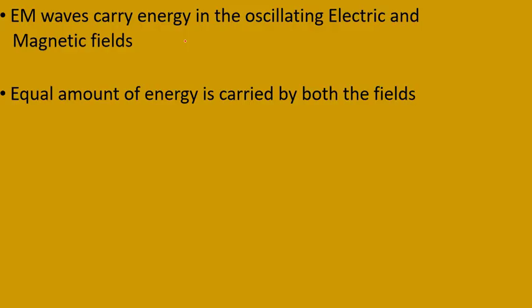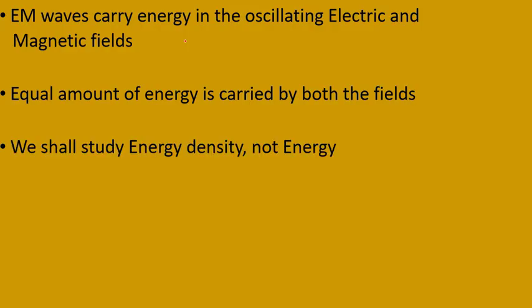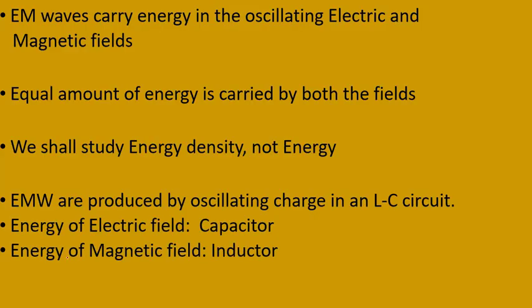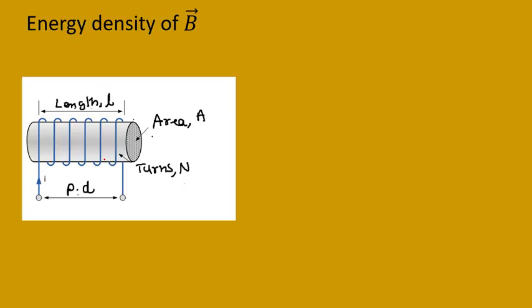Equal amounts of energy are in both the fields, and we will be interested more in energy density than total energy. And last and the most important, energy of the magnetic field is carried in the inductor of the LC circuit. So we will focus our attention on the inductor to find out the energy density of a magnetic field.